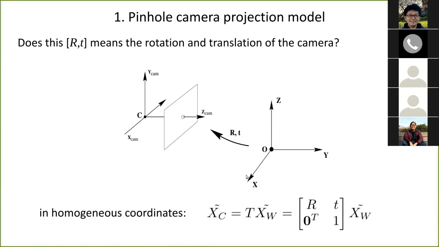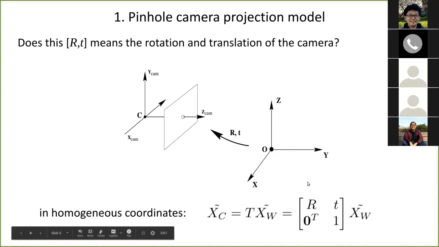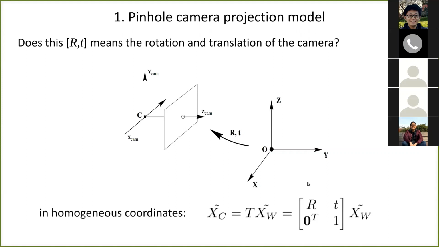Okay, so one of the important things that we need to notice is that this rotation and translation defined here in this equation actually represent the linear transformation that we did for the coordinates, from the world coordinate system to the camera coordinate system. It's not actually the motion of the camera itself.